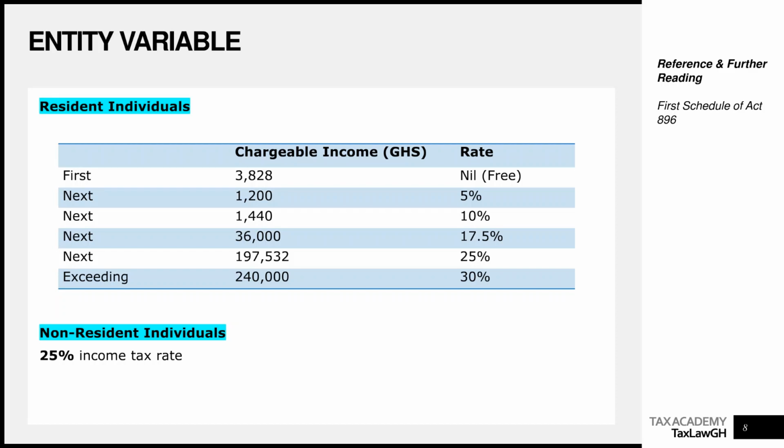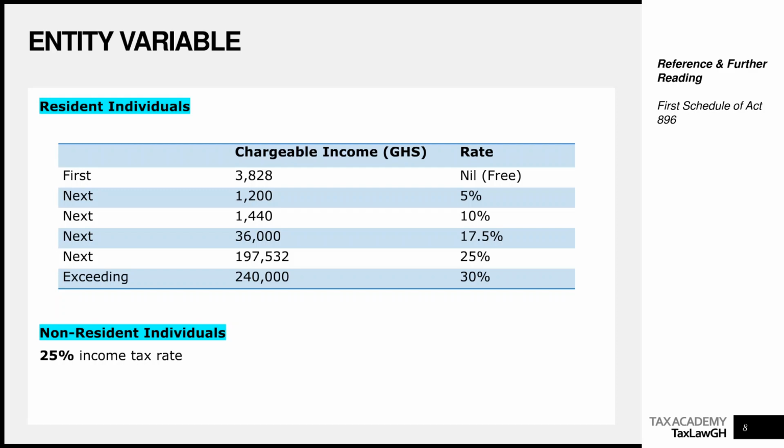It goes through a number of tax bands and it ends at 30%, which we call the marginal income tax rate. It means if you earn 3,828, this is the rate as of today. If you are watching probably 2 years from now and the rate changes, I'll probably update this video. But for now, just know that as at the date of recording, this is the rate for resident individuals.